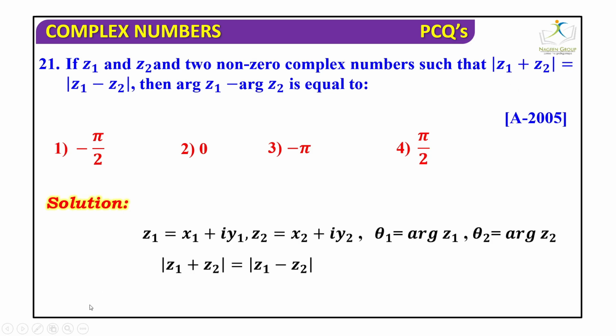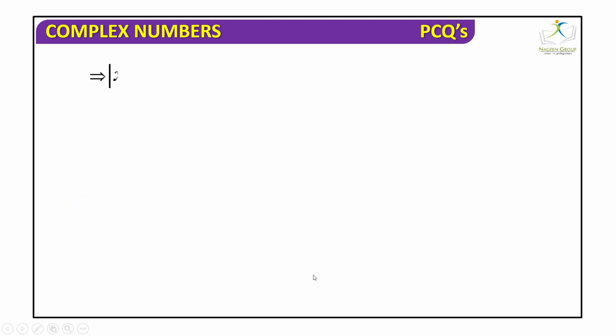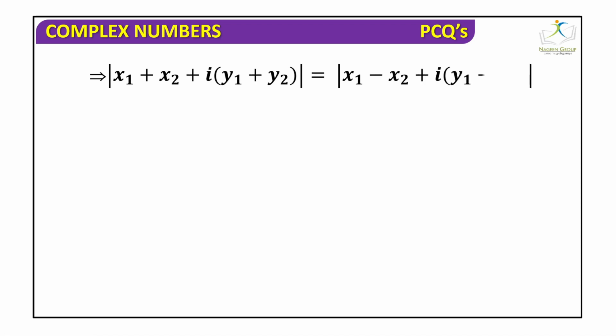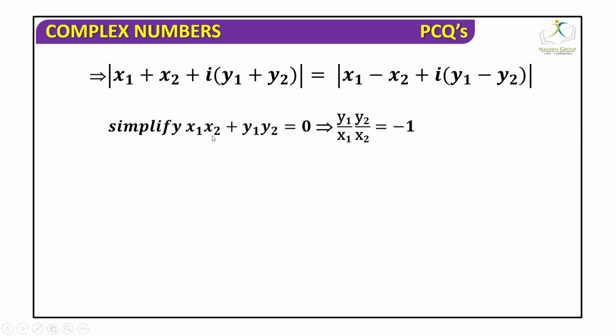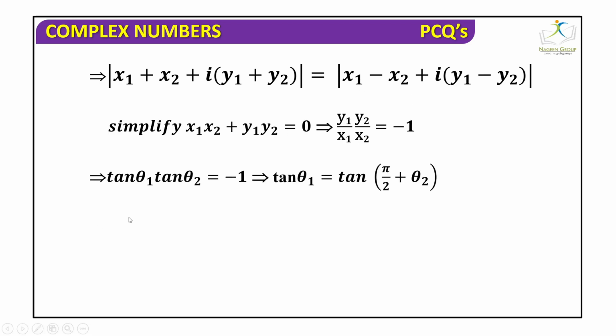From here, according to question, modulus of z1 plus z2 it equals to modulus of z1 minus z2. From here we take the modulus, right? So put the values, separate them, then simplify, we get x1 x2 plus y1 y2 it equal to 0. From here we say y1 y2 by x1 x2 equal to minus 1, right? So from this we say tan theta 1 tan theta 2 equal to minus 1.